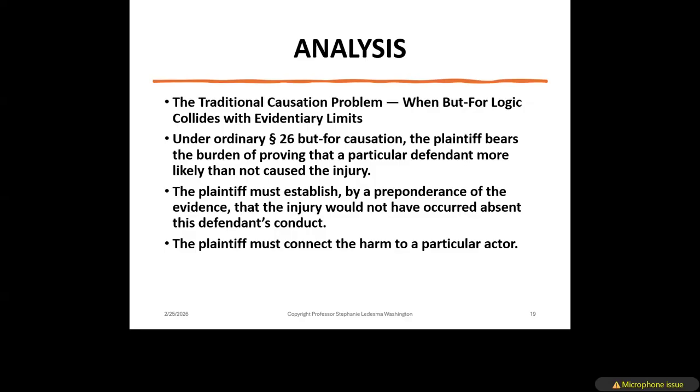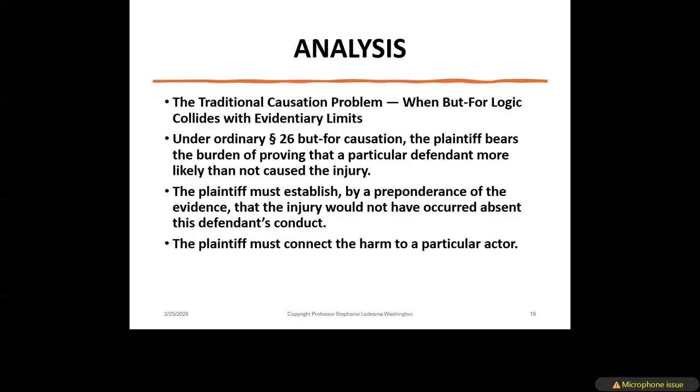Let's take a look. Under the traditional but for formulation, that's Section 26, the plaintiff bears the burden of proving that a particular defendant, more likely than not, that's preponderance of the evidence, caused the injury.